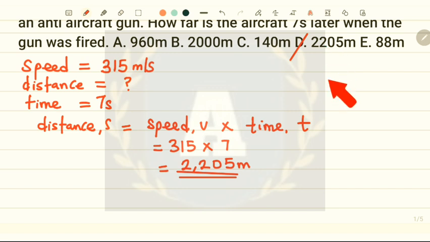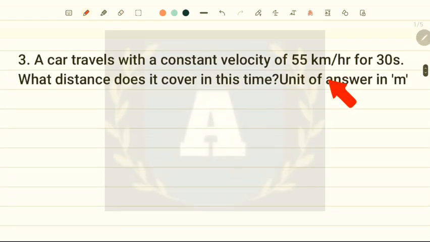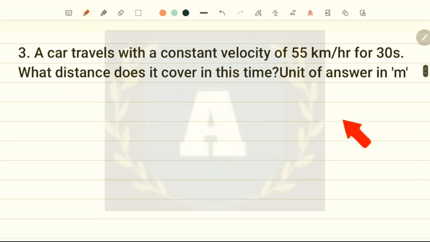2,205 meters. All right, so we quickly move to the next question, which says a car traveled with a constant velocity of 55 kilometers per hour. The velocity is the same as speed, but speed is a scalar while velocity is a vector quantity.